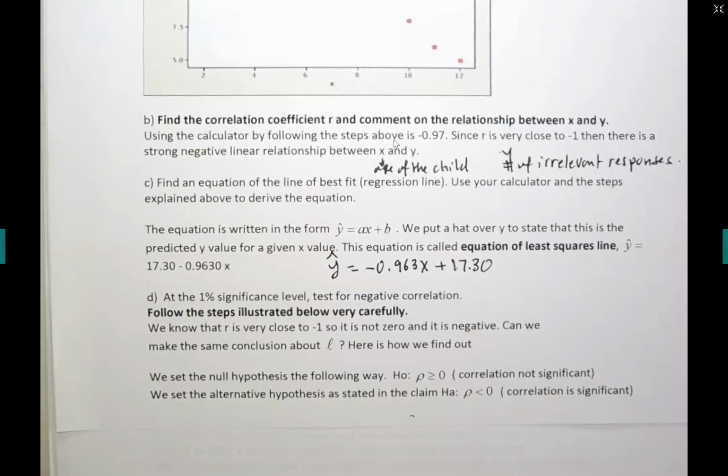We already know about the sample, but if we go outside of the sample, can we conclude that, in general, you can go out and say to people that there is a strong negative correlation between the age of any child and the number of irrelevant responses? In order to answer this question, guys, we need to test a number called rho.